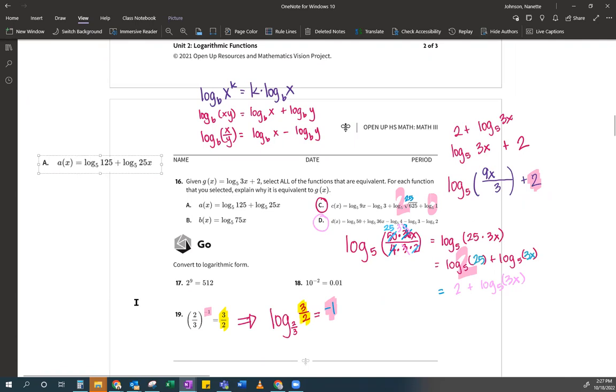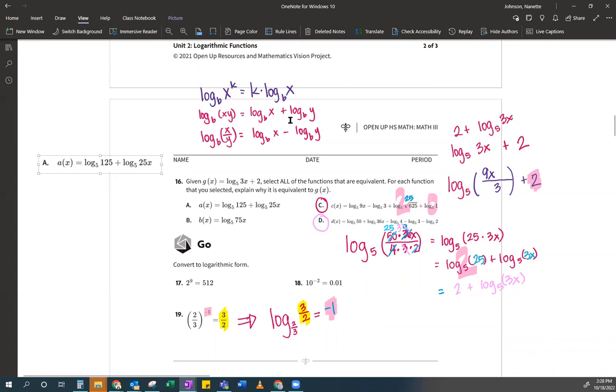So the very first thing that I see when I see this is I check to make sure that my logs have the same base, 5 and 5. So I'm like, okay, cool. So then this one reminds me of this adding property right here.